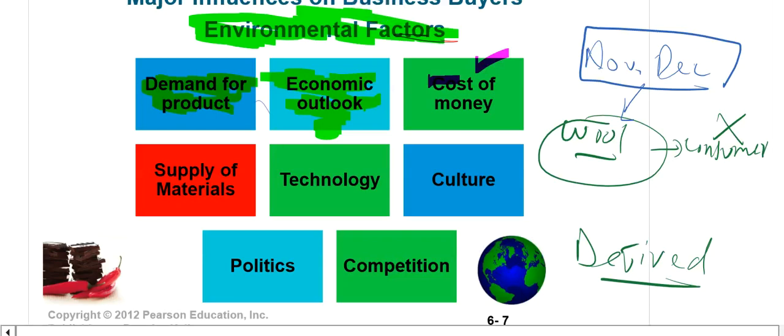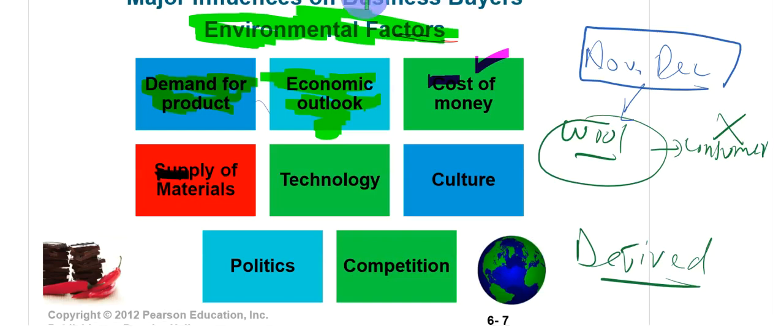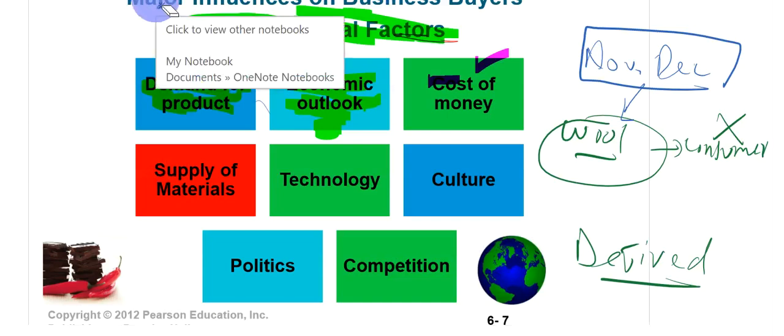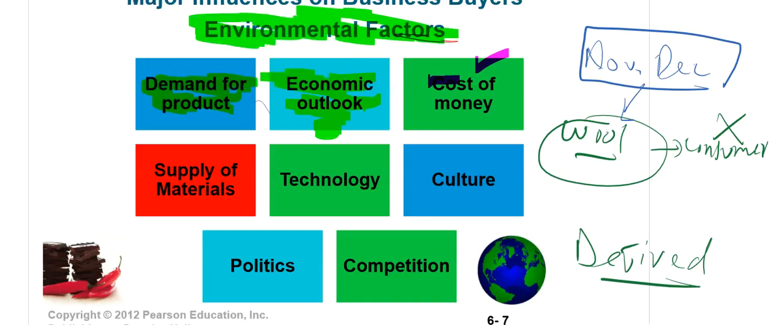Next, supply of material. For example, if the supplier of any raw material does not provide the product in time, then the decision of the company will definitely be influenced, if the product is not available.